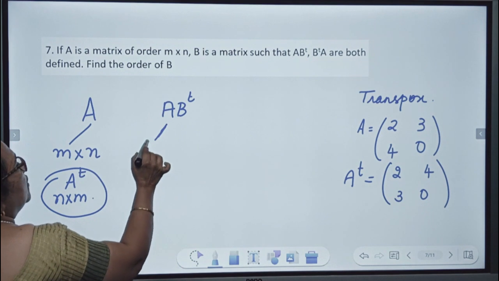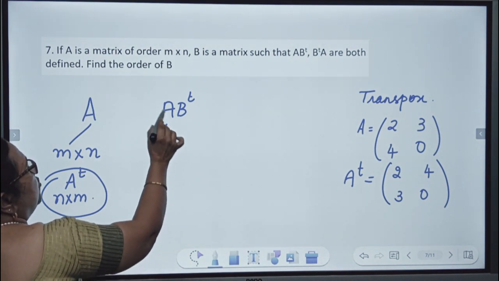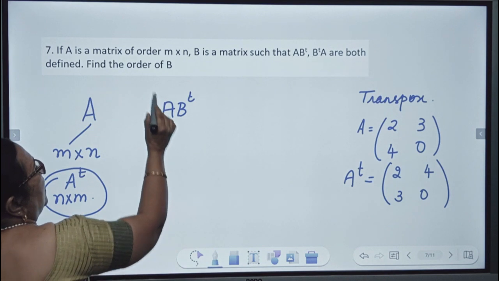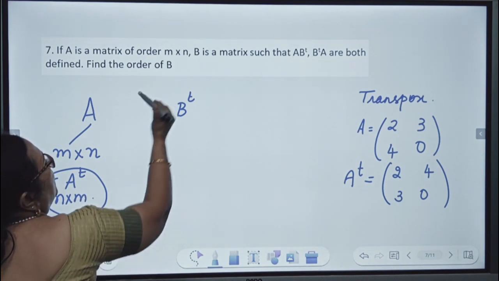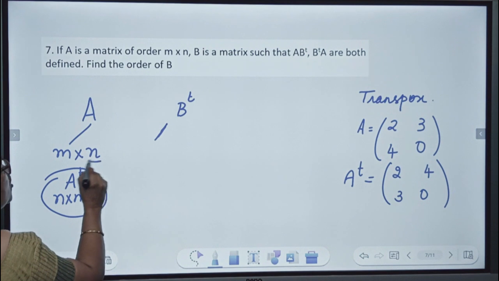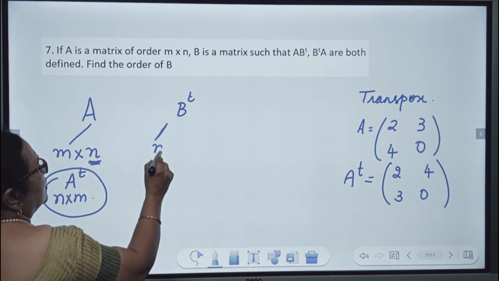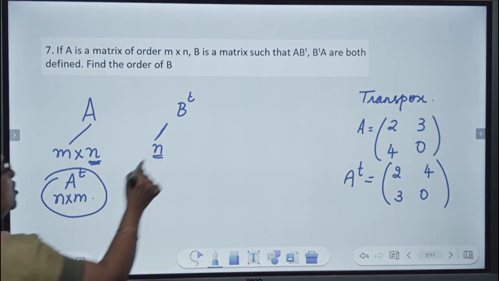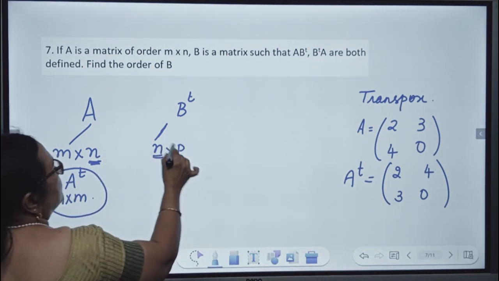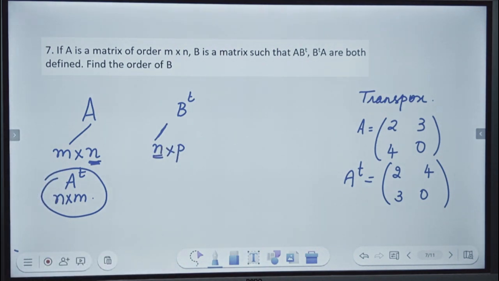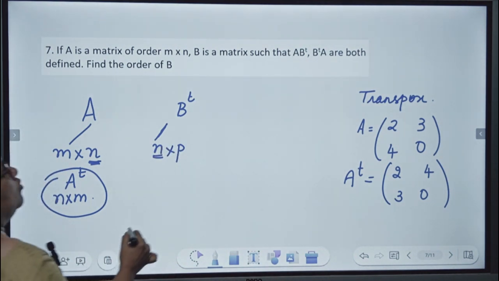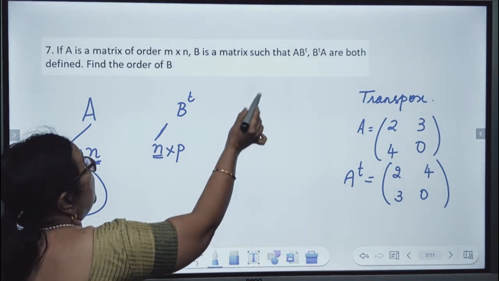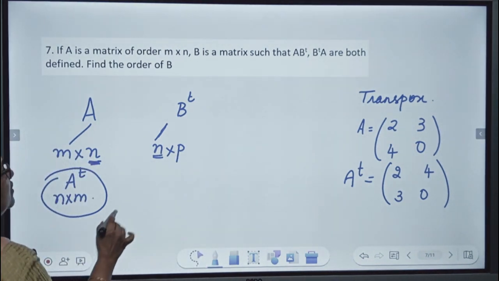Now, if AB transpose is well defined, what will be the order of B transpose? It has to have here the number of columns must be equal to number of rows. So let us assume it is equal to P. Okay. Now it is also given B transpose A is well defined.